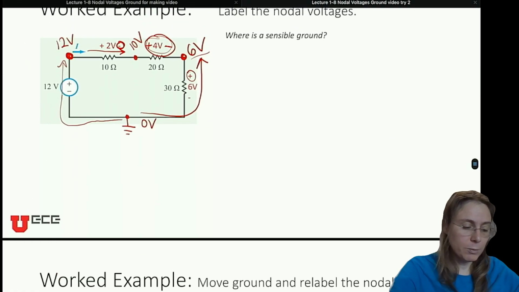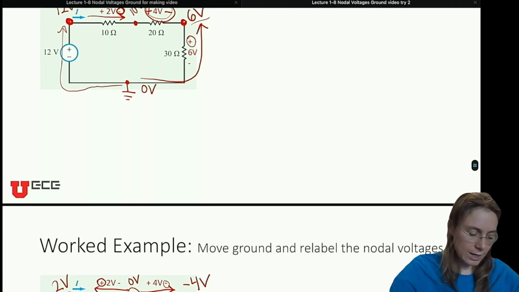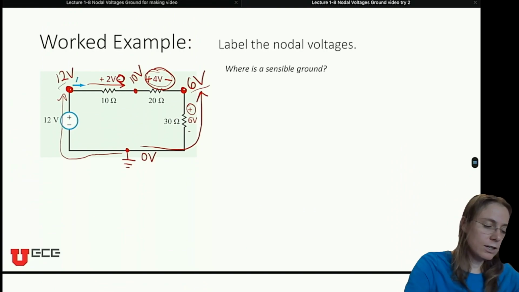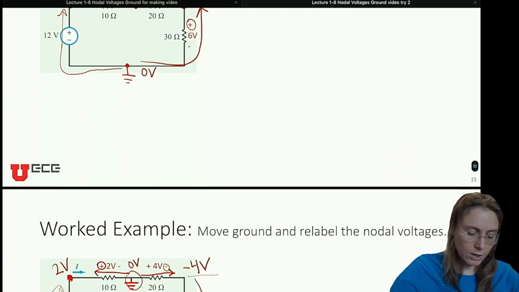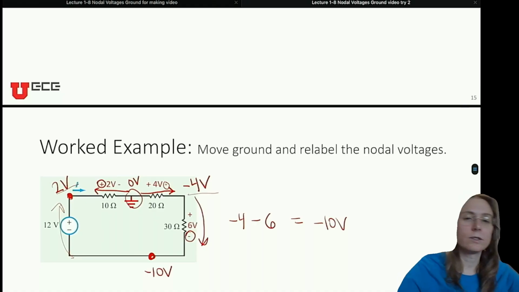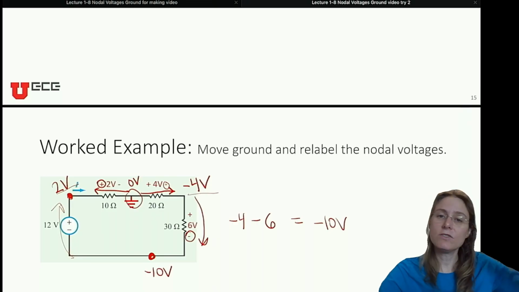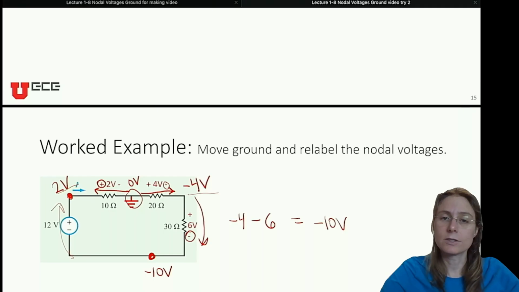Before, in the upper right we had 6 minus 10, we end up at -4. And for the upper left, when we started at 12, subtract that constant 10 off, and we ended up at 2 volts. So all these nodal voltages have the same differences between them comparatively, and they've all just shifted absolutely by 10 volts.